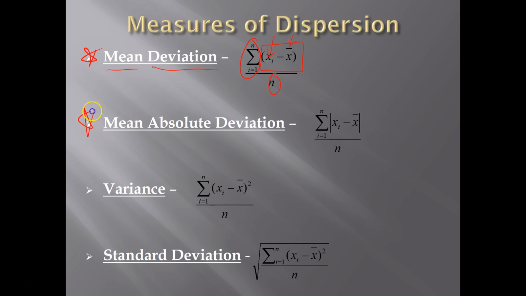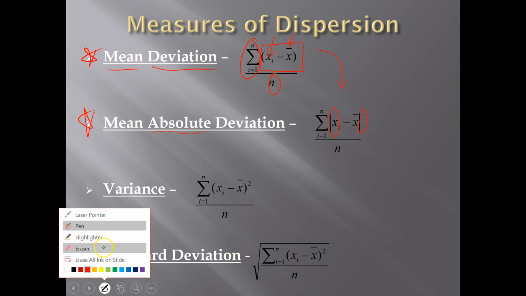Now let's look at this one here, the mean absolute deviation. Notice the only thing different between these two terms is the word absolute. And notice the only difference in their formulas is that instead of parentheses like you have on the top one, now you have absolute value brackets.